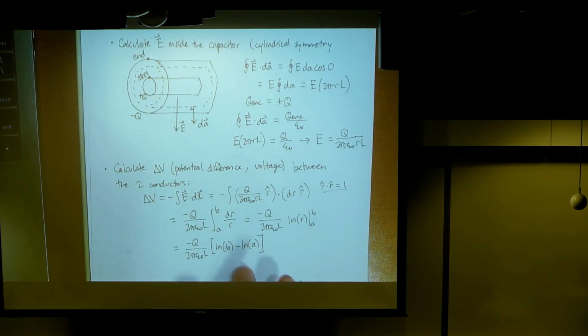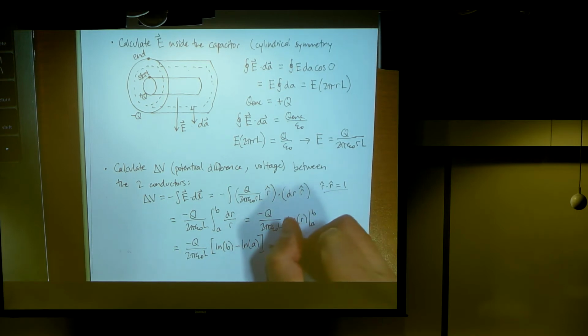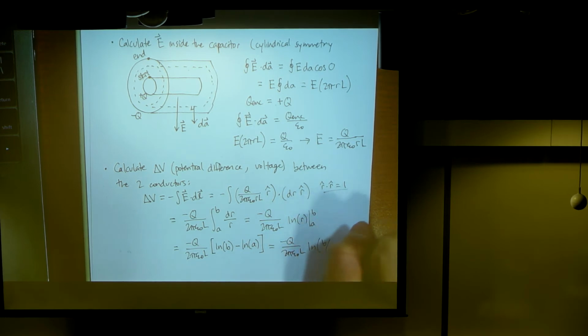How can I condense this into something a little bit more concise? I can write this as natural log B divided by A. So I have minus Q over 2 pi epsilon naught L, natural log B divided by A.